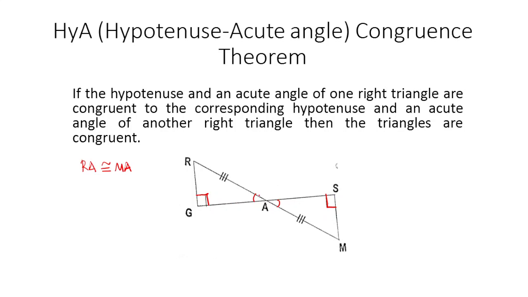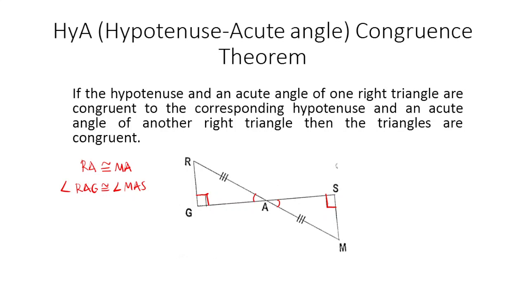So these angles are congruent: angle RAG is congruent to angle MAS. Now after you identify the congruent parts, identify the parts of this triangle, our side. Is this side hypotenuse or leg?